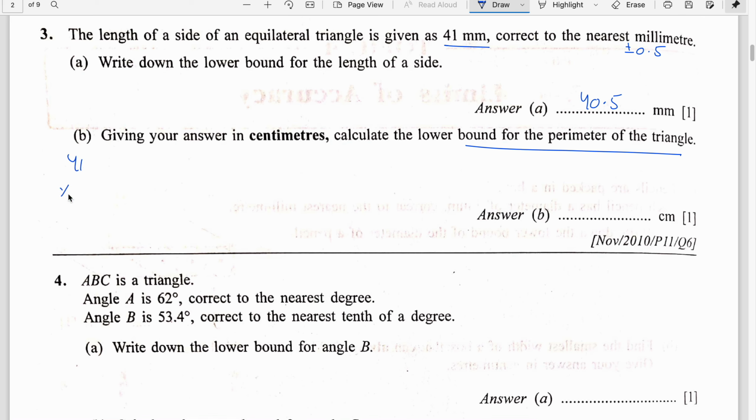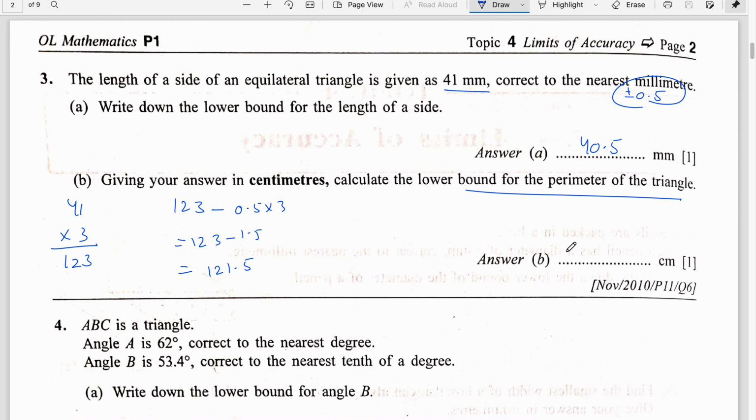There are 3 sides, so we get 123 millimeters, and don't forget to subtract 0.5 3 times. So the answer is 12.15 in centimeters.